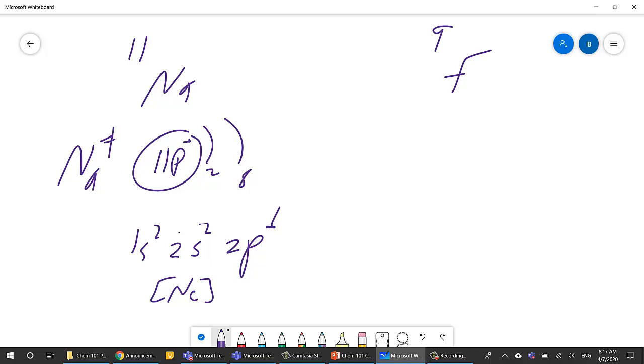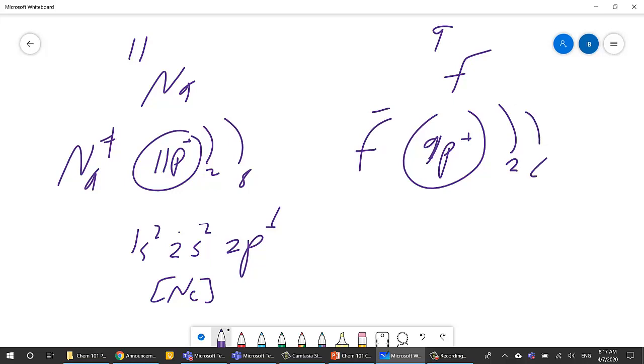For the F minus, we have 9 protons in the nucleus, and we have 2 and 8, because the F is taking an extra electron to become also like neon. So this is 1s2, 2s2, 2p6. So the electronic configuration for F minus is this, same as sodium. The only difference between the two is the nucleus, the number of protons.